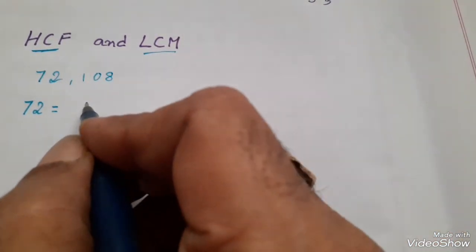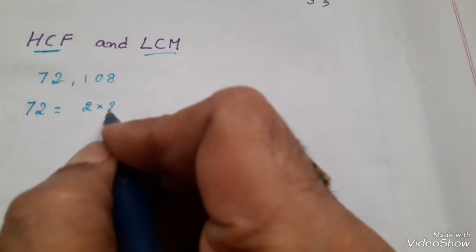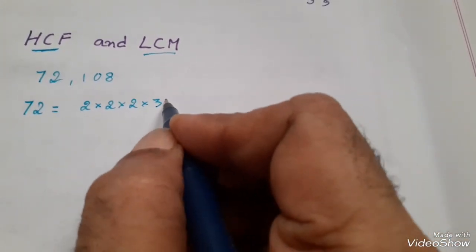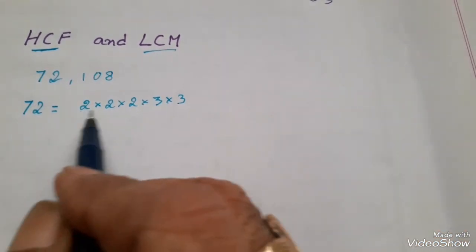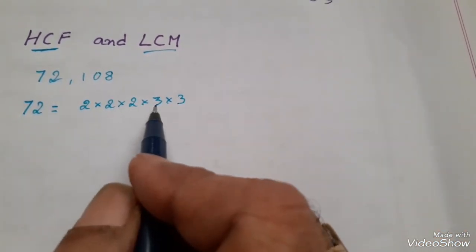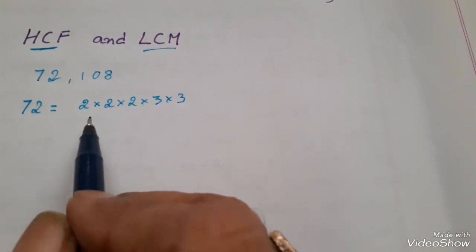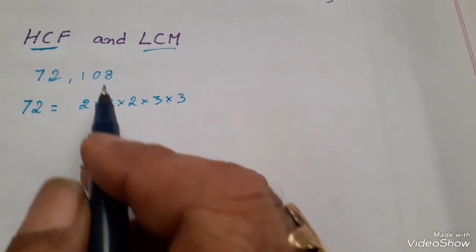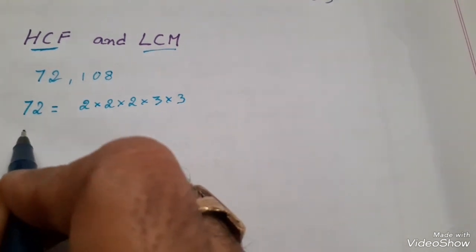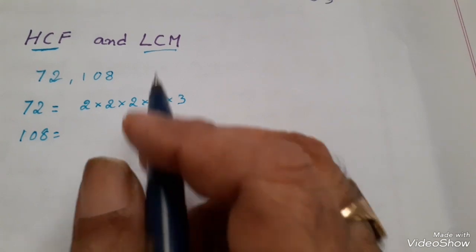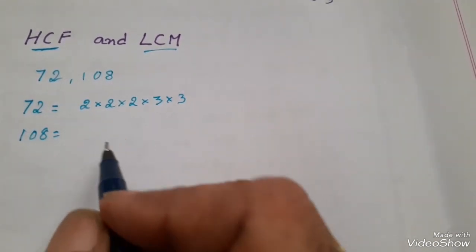So you can write 2 into 2 into 2, 3 into 3. 2 2s are 4, 4 2s are 8, 8 3s are 24, 24 3s are 72. So 72 you can write as a product of prime factors like this. Now you take 108. 108 also you write as a product of prime factors.